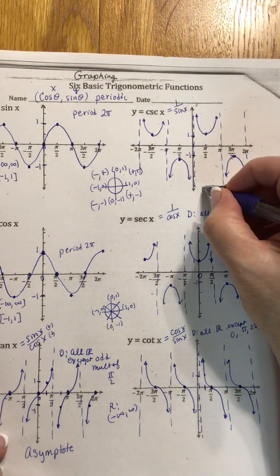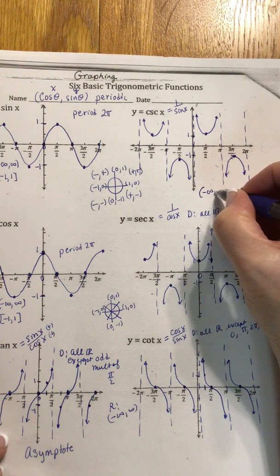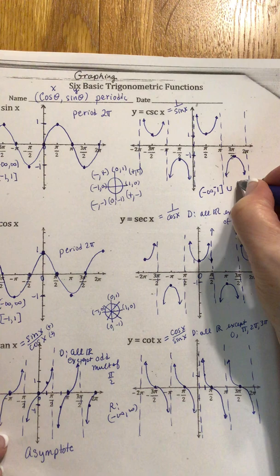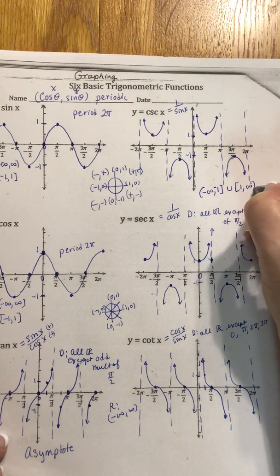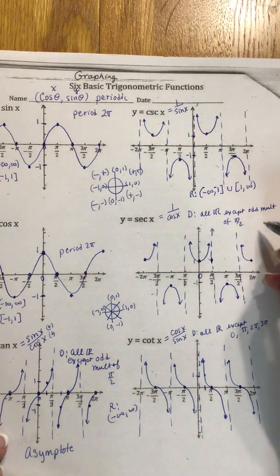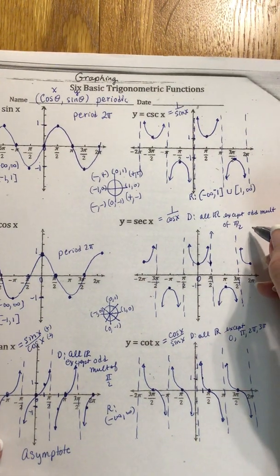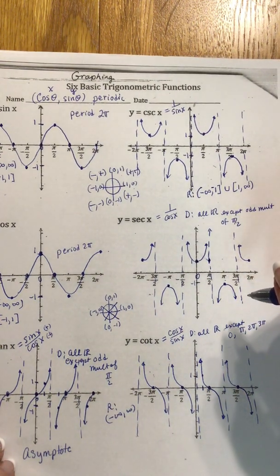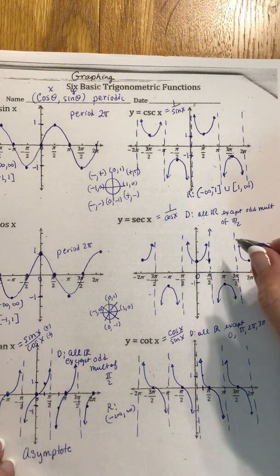So we've got parentheses, negative infinity to negative 1, bracket, union with 1 to infinity. And that would be our range. And that would be the same thing for secant.